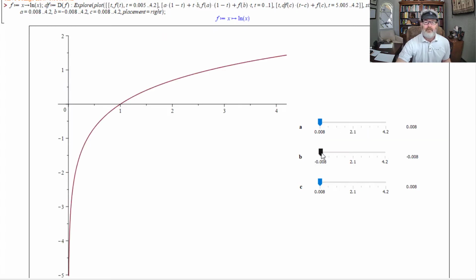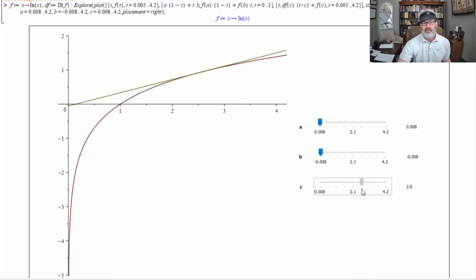A curve is concave down, or sometimes it's concave, if it always lies above any of its secants. So in this case, the curve will always lie below any of its tangent lines.